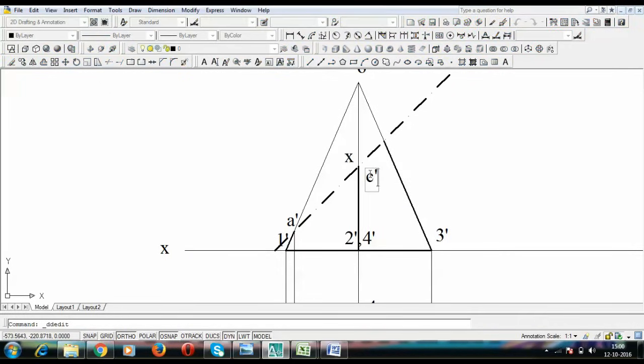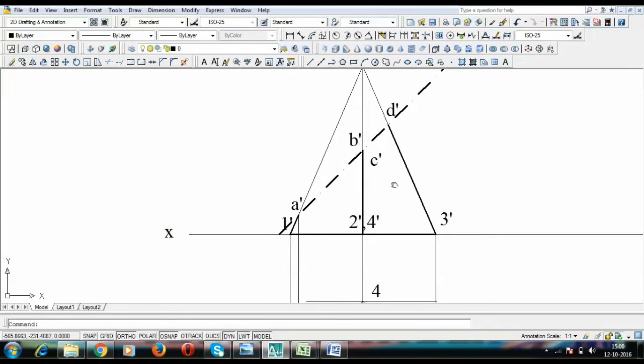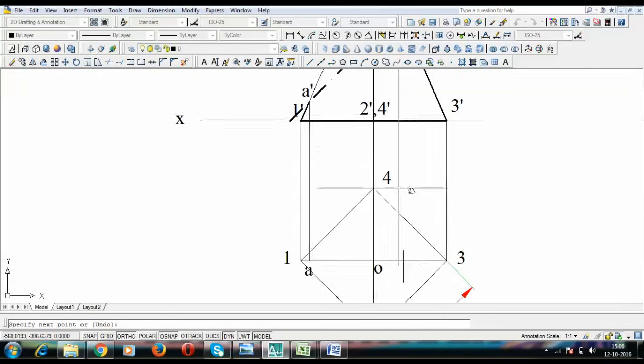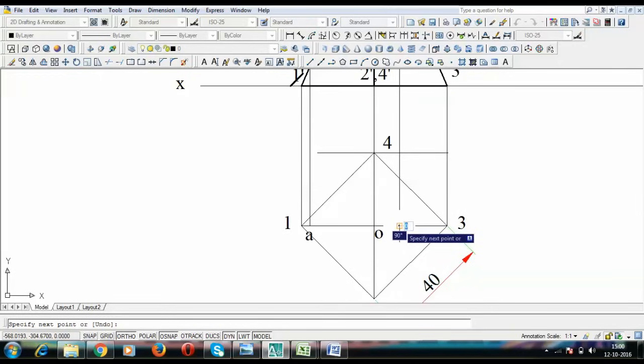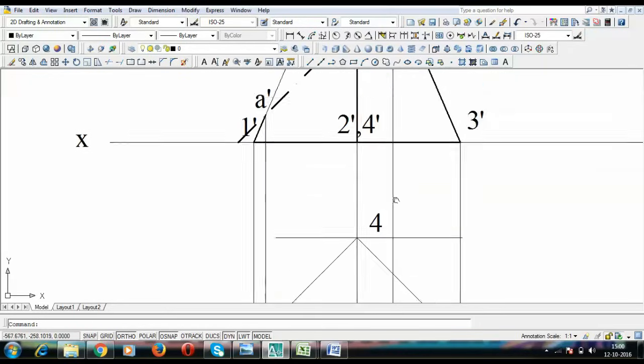Let us say that this is C dash, and this is B dash, and over here we're going to have point D dash, front view. Now D dash's top view is going to lie somewhere here. So this is going to be point D. If this is D, this is D dash.